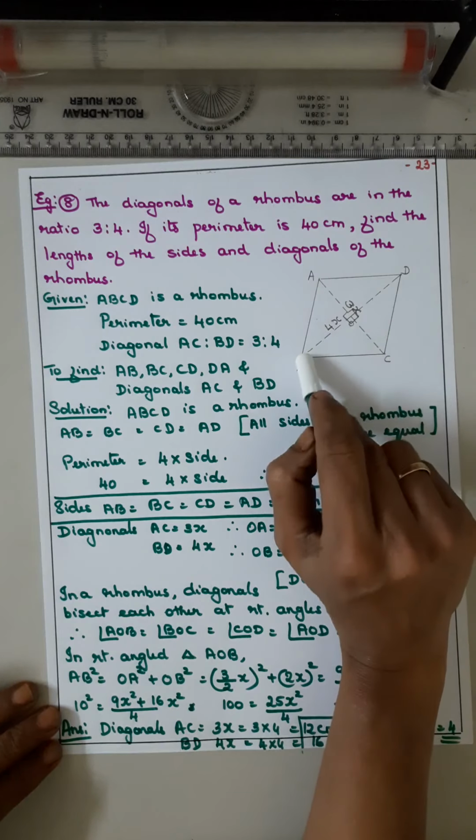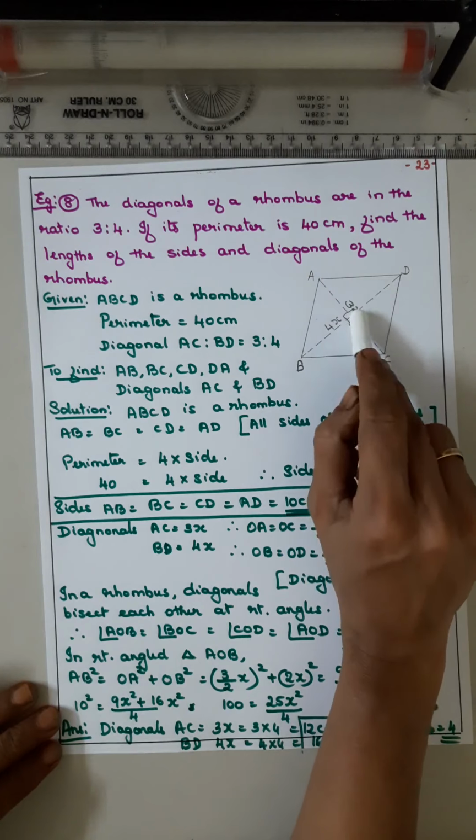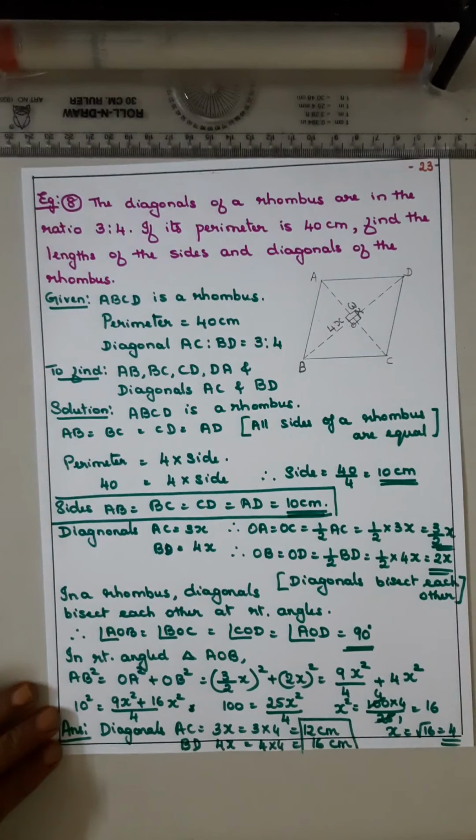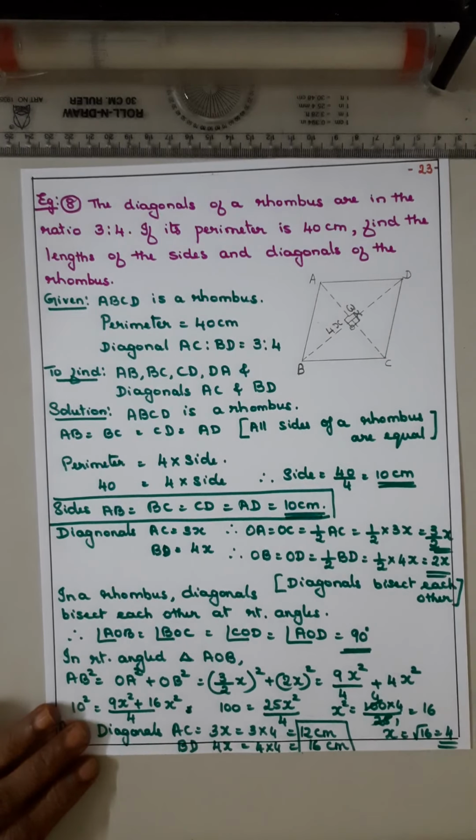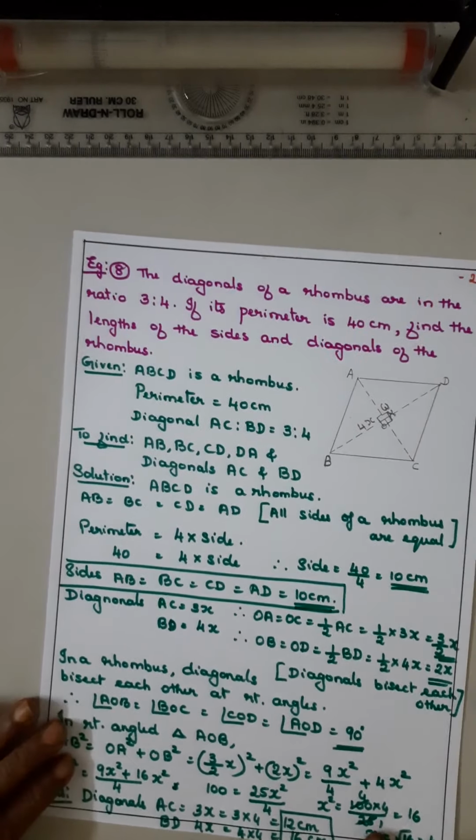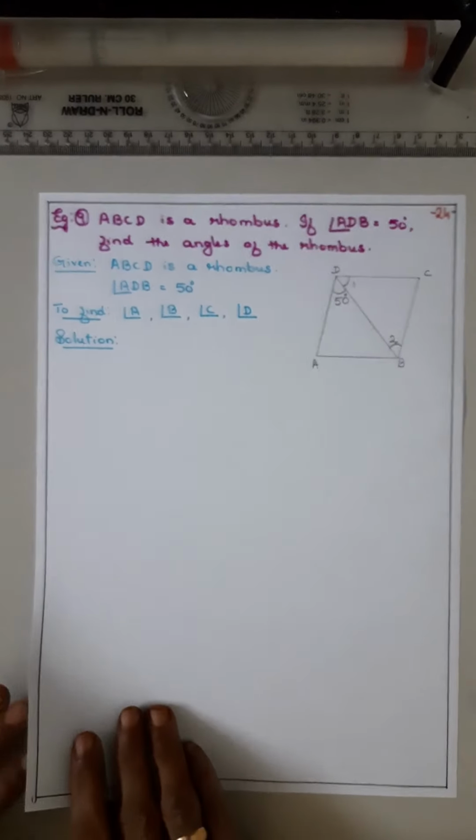So AB squared is equal to OA squared plus OB squared. Find out x and put the value of x in the diagonals AC and BD. Is it clear? So that was about example 8. Now, coming to example 9.